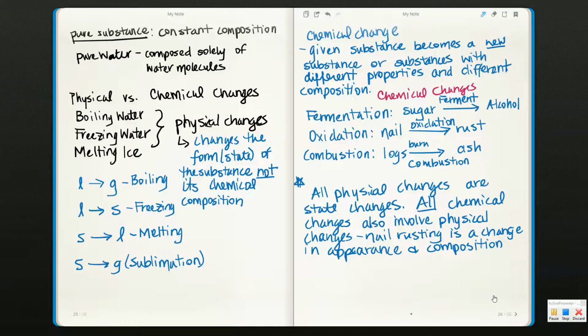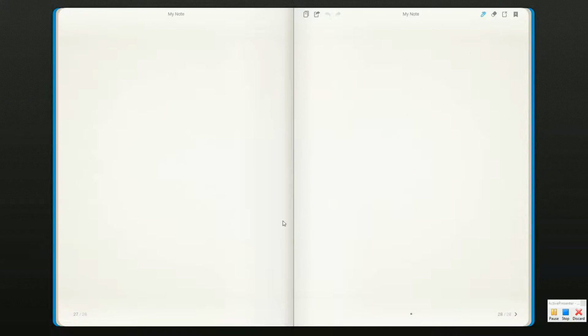So the last thing that we're going to talk about for this section is the definition of a compound and the definition of an element.